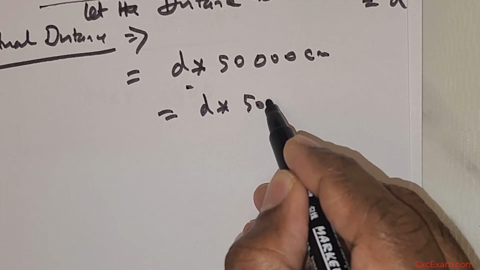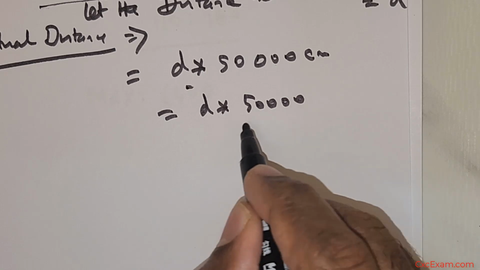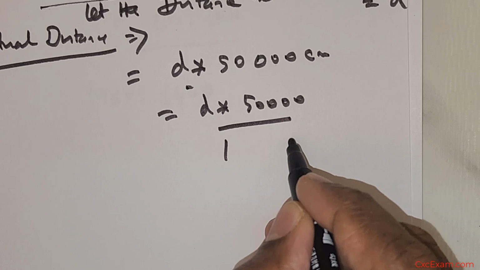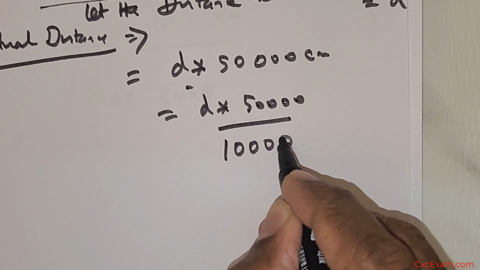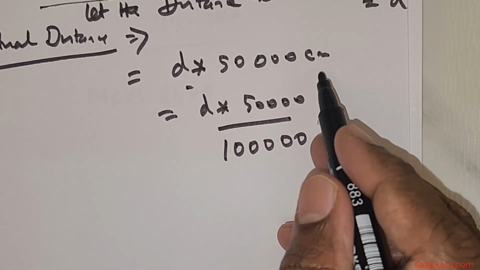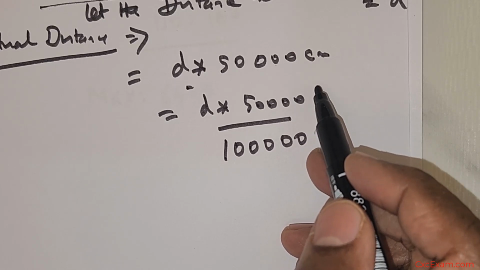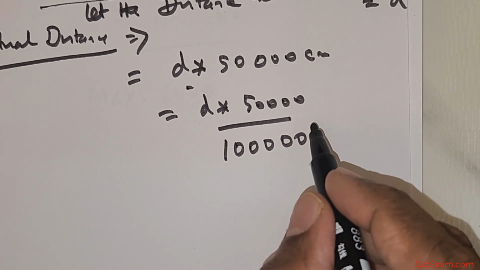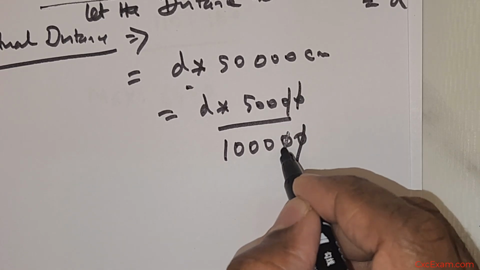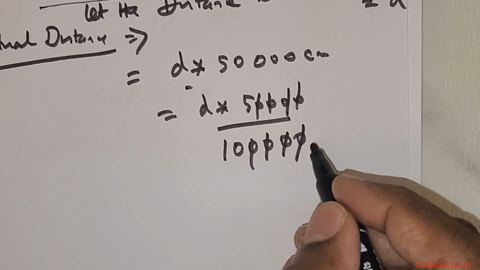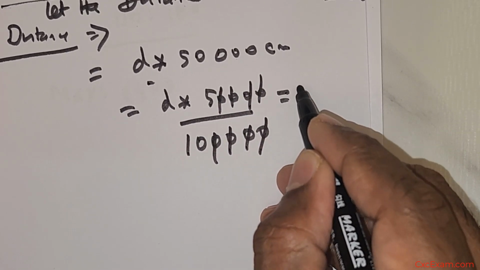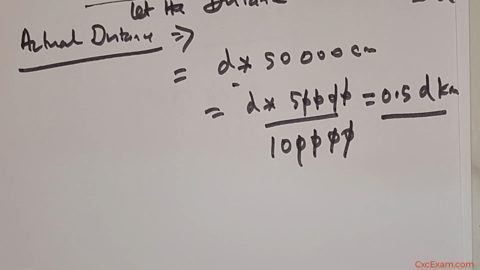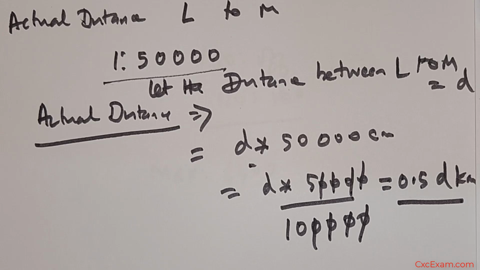So D multiplied by 50,000 cm divided by 1 followed by 5 zeros, because we have to convert cm to meters and then meters to km. The zeros get cancelled, giving us 0.5D km. So that is the actual distance between L and M.